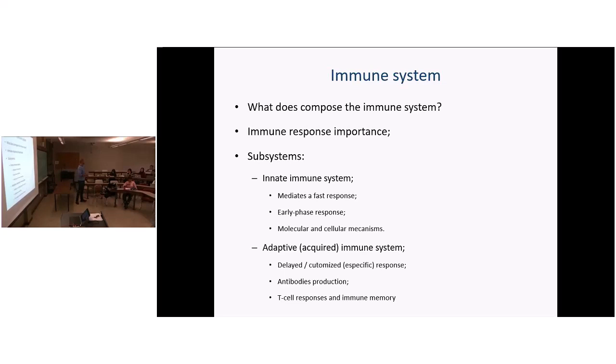So basically it has to be very, very specific to something that you have been pre-exposed to. It's not something that you were born with, a toolkit that can basically kill everything. This is something that is very specific.